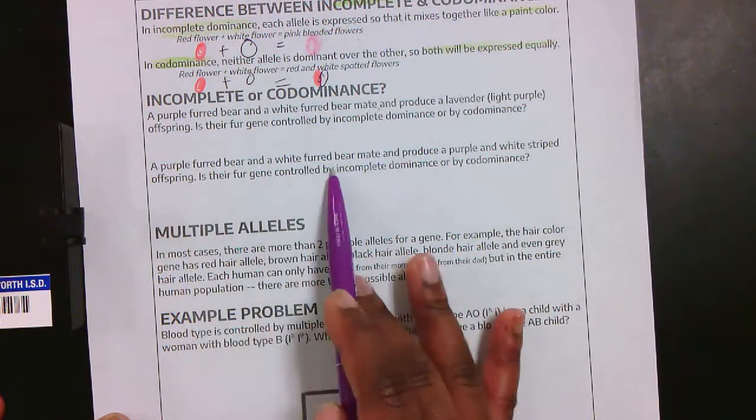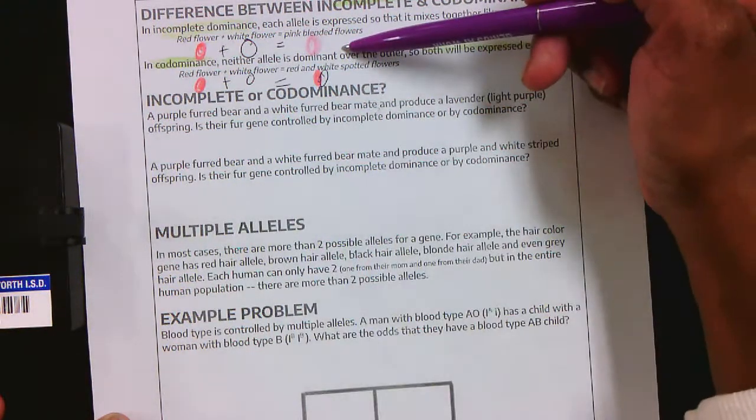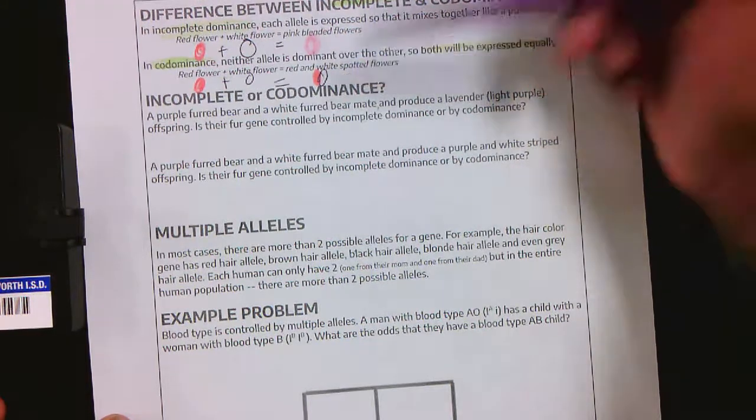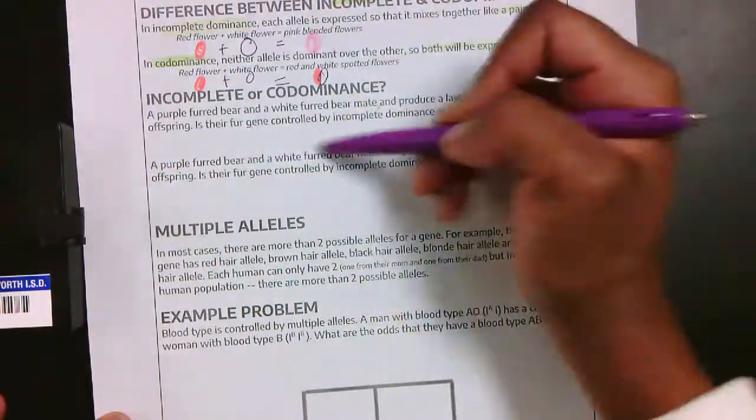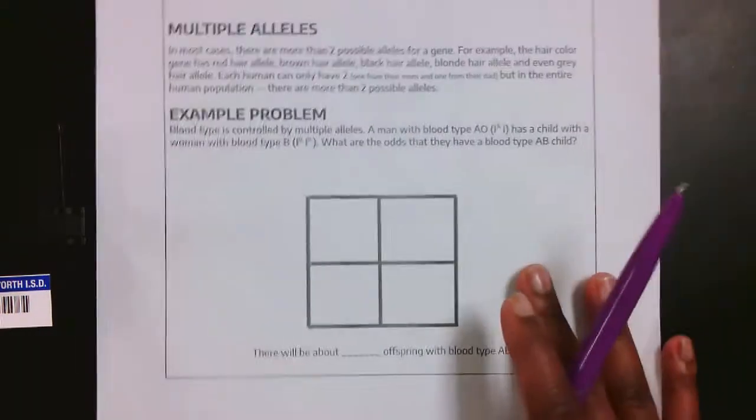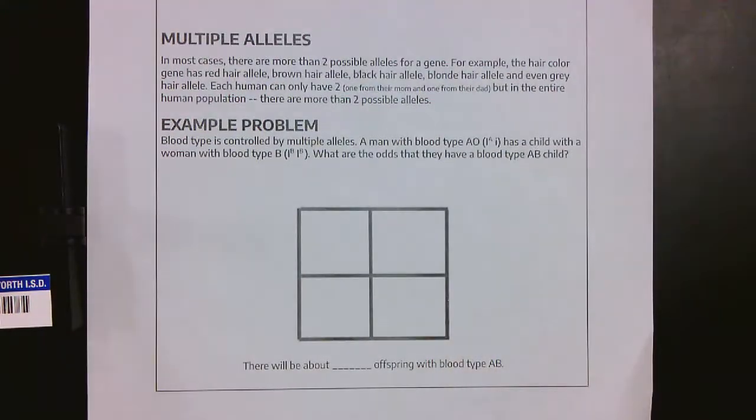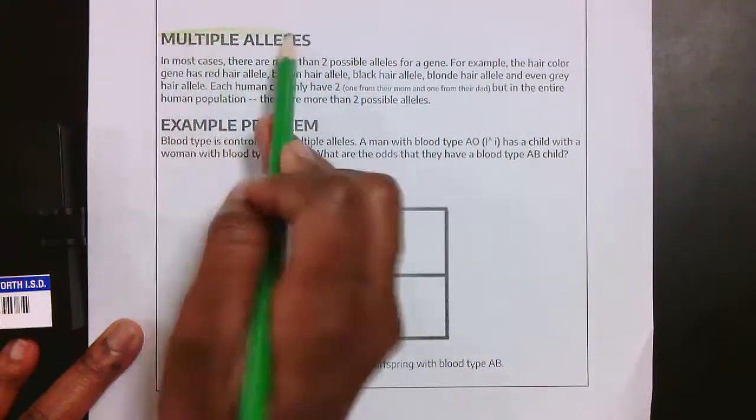Is their fur gene controlled by incomplete dominance or by codominance? Okay, you're going to answer these two on your own. I'm going to keep it moving, and I'm going fast, but also we only have 15 minutes to record on this thing. Cool. Multiple alleles.